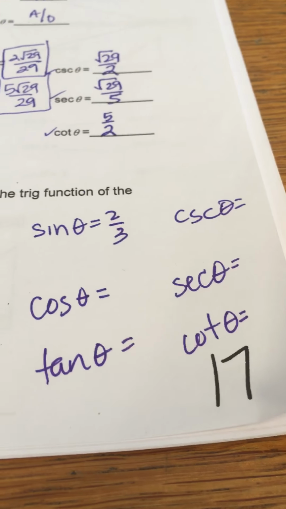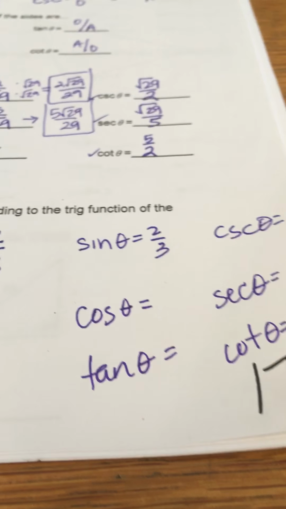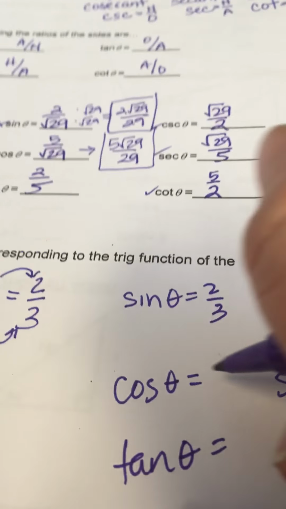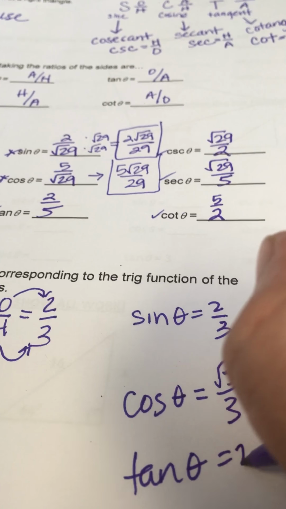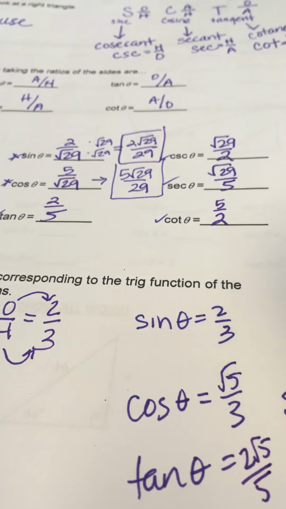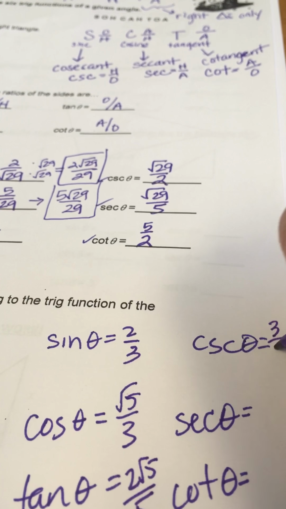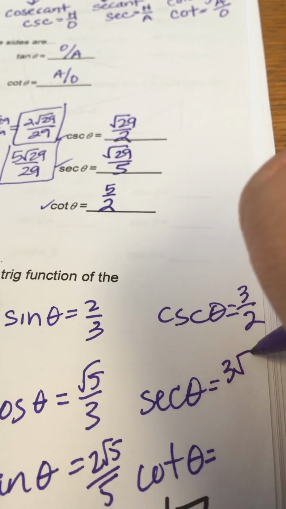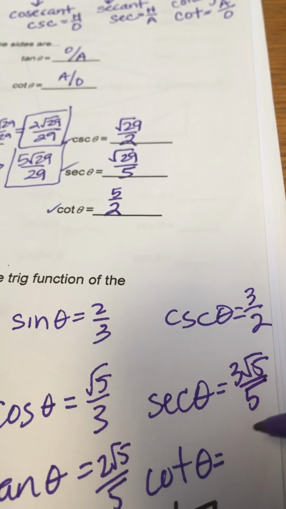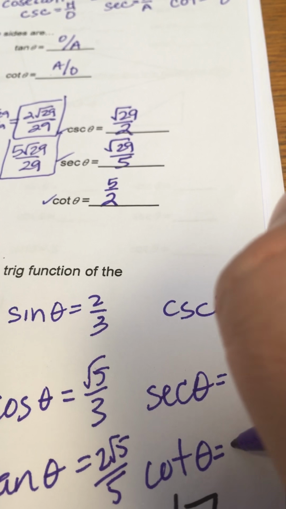Okay, if you think you're good making the ratios, pause it here and then double check everything. Sine is 2 over 3, cosine is root 5 over 3, which ends up being 2 root 5 over 5 for tangent. Cosecant is 3 over 2. Secant is 3 root 5 over 5. And cotangent is root 5 over 2.